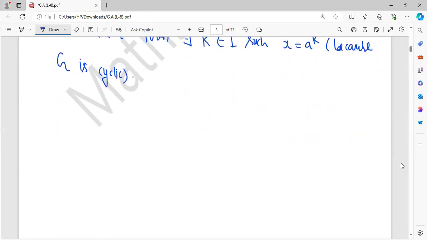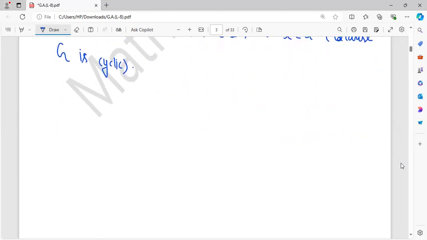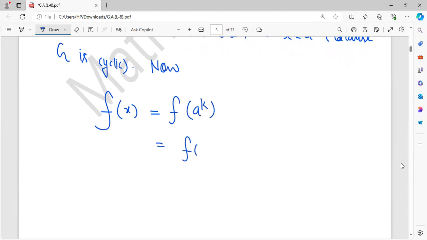Now f(x) is equal to f(a to the power k). This is nothing but f(a) to the power k. So what is f(a)? This is a to the power m, so I can write it a to the power mk.